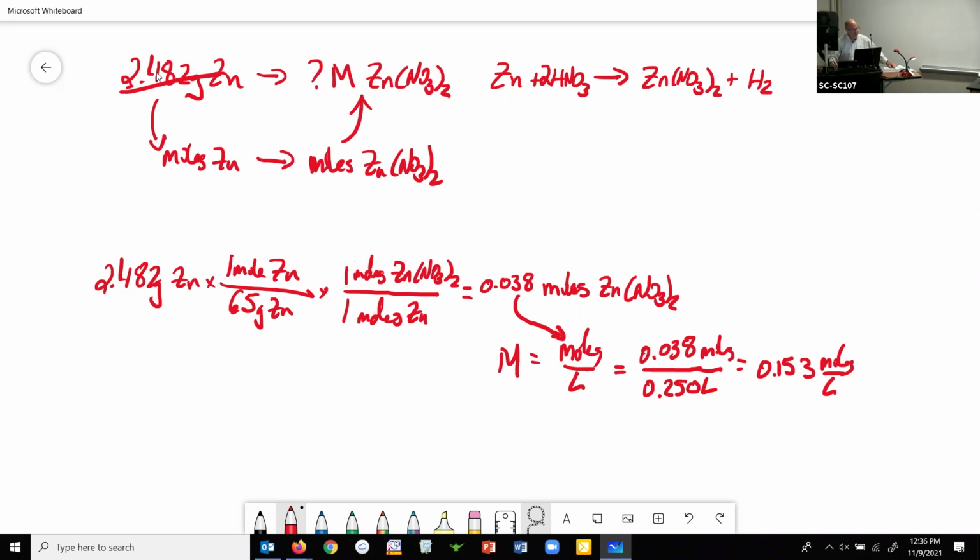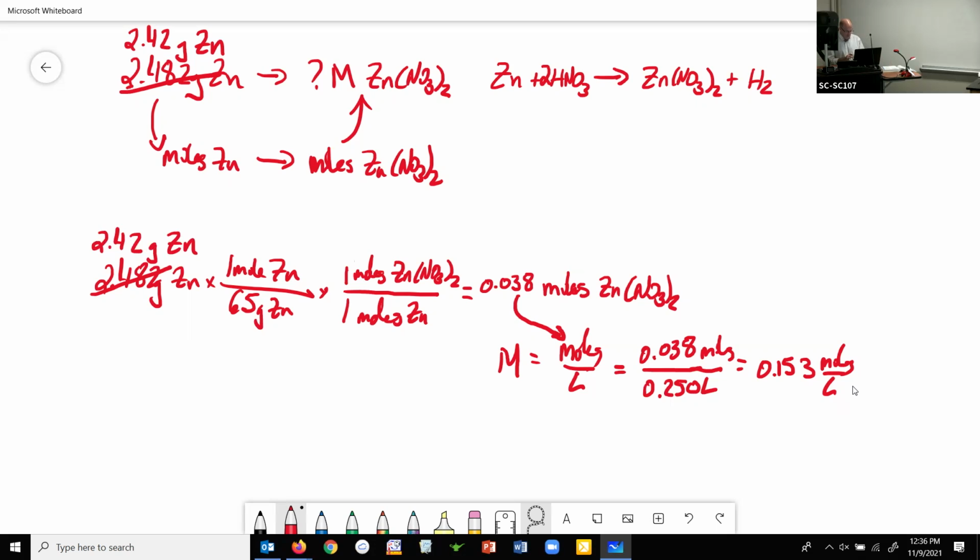So you actually should take 0.975, 97.5% of 2.482. You have 2.42 grams of zinc. So it should be 2.42 grams of zinc.